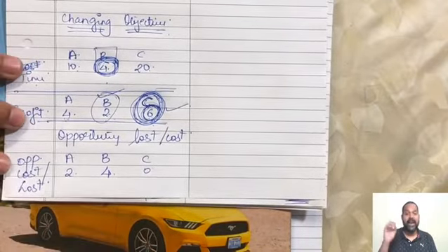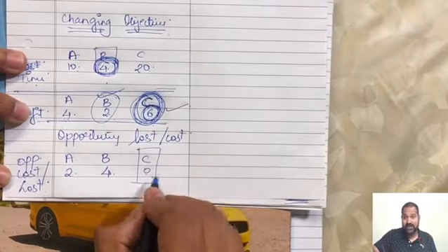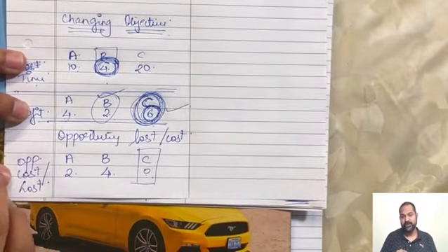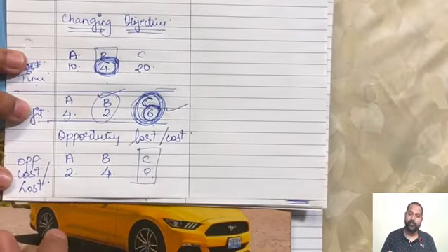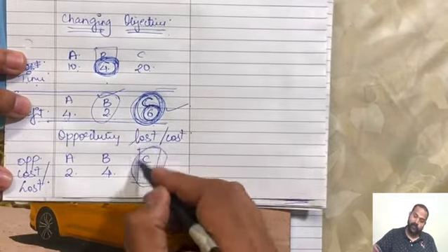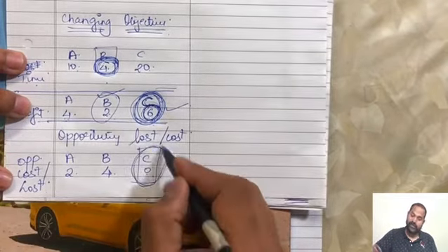Now, if I ask you to choose, who will you choose? I will say C, because C has lost the minimum number of opportunities. If I ask the assignment problem to choose, it will also choose C, because all the assignment problem understands is सबसे कम है तो best है. According to the assignment problem also 0, which is C, is the answer.